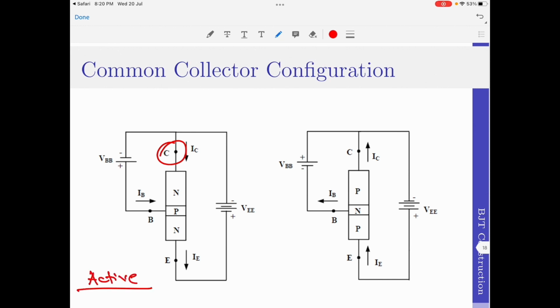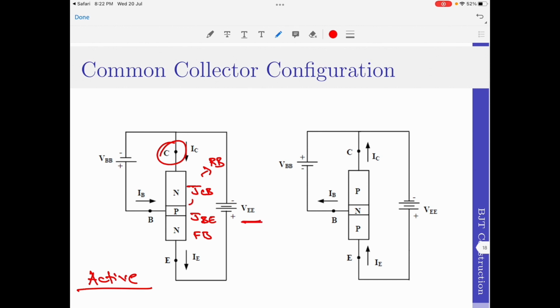For the active region, the junction between base and emitter should be forward biased, and the junction between collector and base should be reverse biased. Right? Since there is no voltage connection between base and emitter, let me come back to that a little later. Look at this, there is a voltage supply connected between collector and emitter terminals, which is VEE.